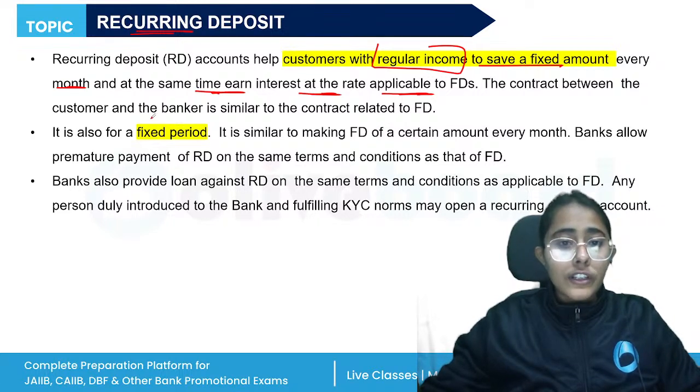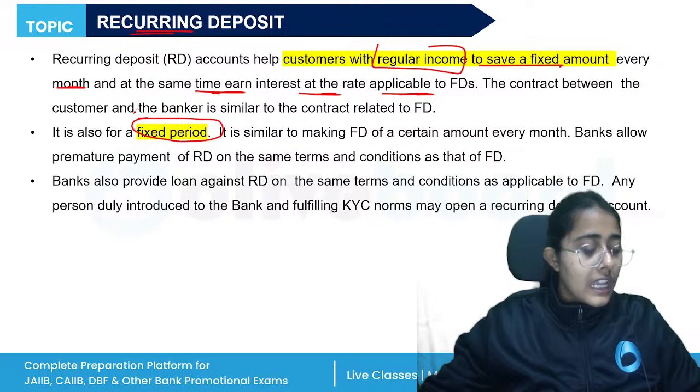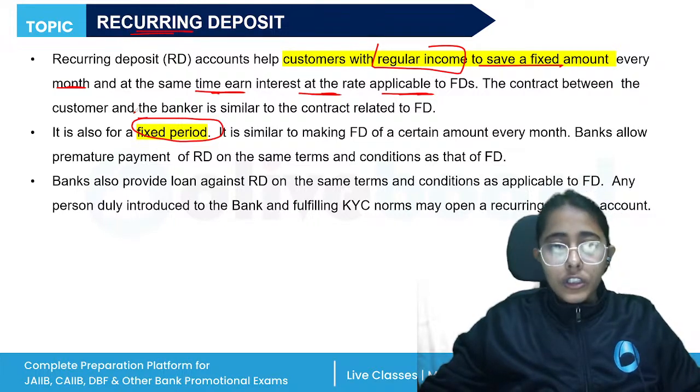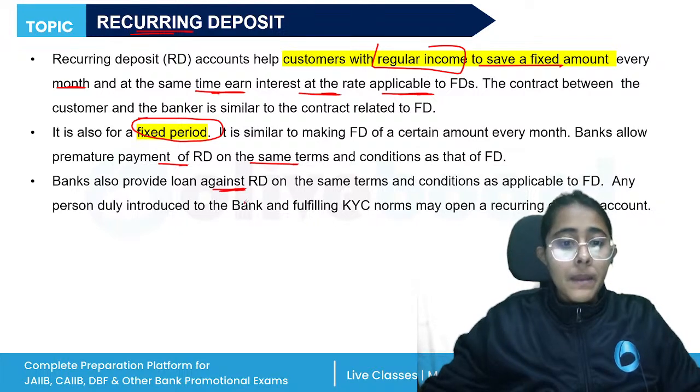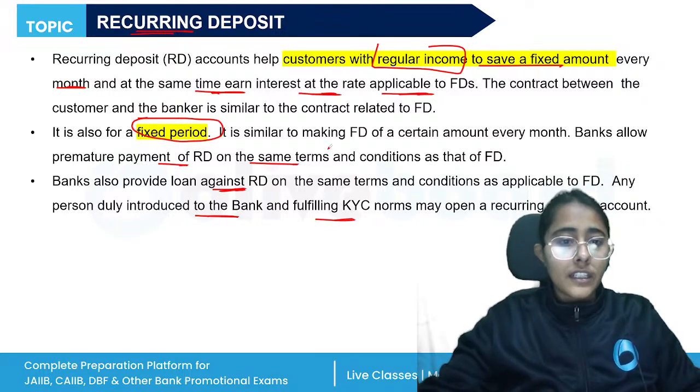So it is also for a fixed period, and once the fixed period is over, we can again give the order and make the recurring deposit operating again. The banks also allow premature payment of the RD on certain terms and conditions. They also provide loans against the RD, but the banks are required to fulfill the KYC norms before opening the recurring deposit account.